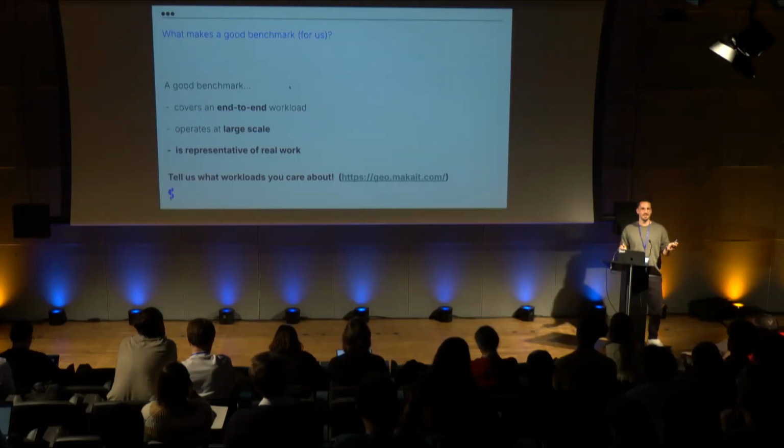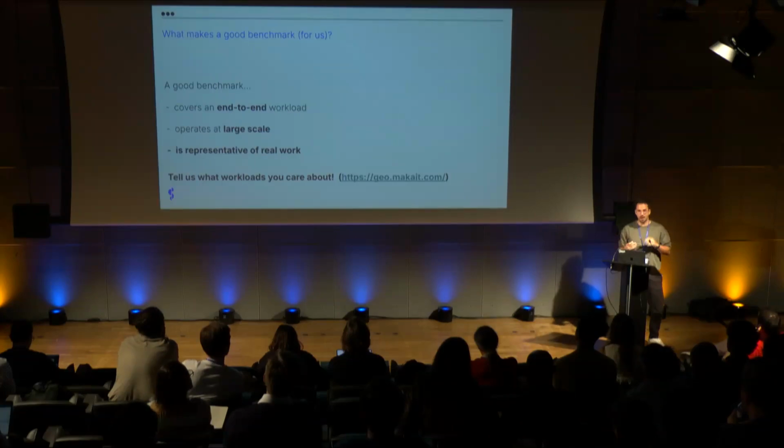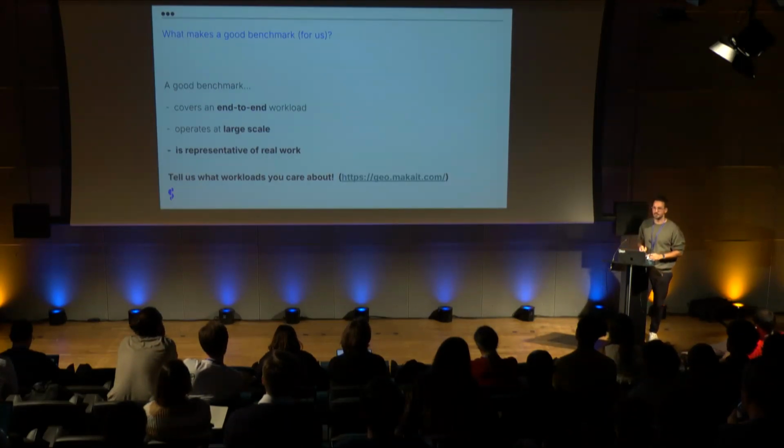Unfortunately, there is no real industry benchmark or any performance benchmark for geospatial data that I'm aware of. So we want to build it ourselves. What does that mean? For us, a good benchmark is, first of all, focused on end-to-end workloads.